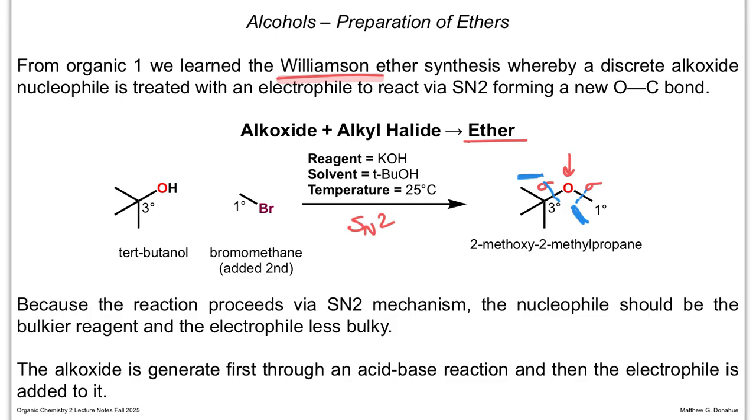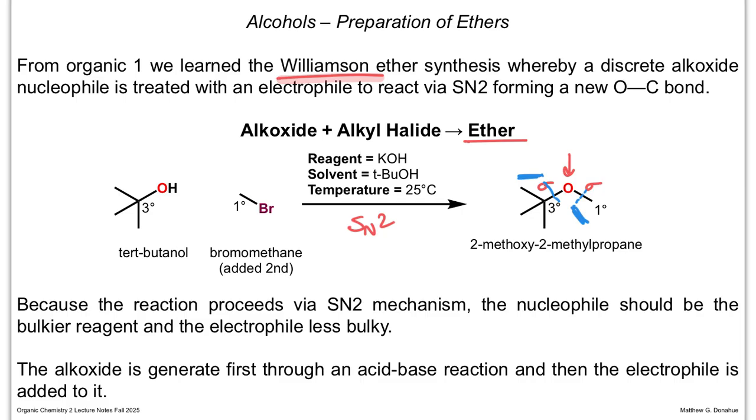And that sets up these two different pairs of where the oxygen can come from, what alcohol, and then what the electrophile is going to be. So because it is SN2, you typically want your electrophilic carbon to be the less substituted one.